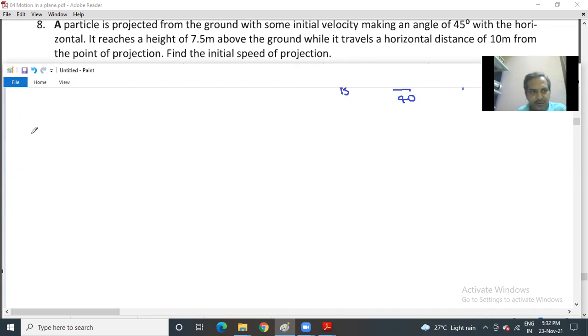So in the previous video, you got the equation y is equal to u sin theta into t minus half g by u square cos square theta with x square.